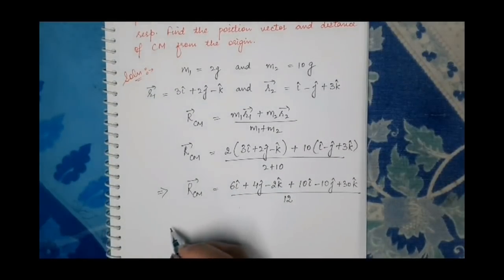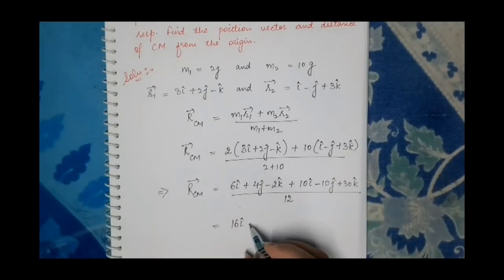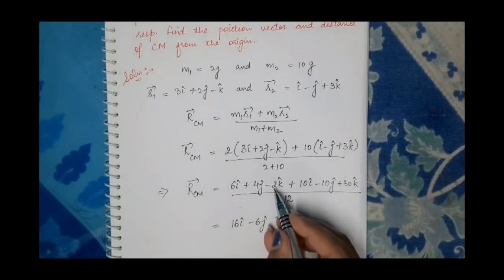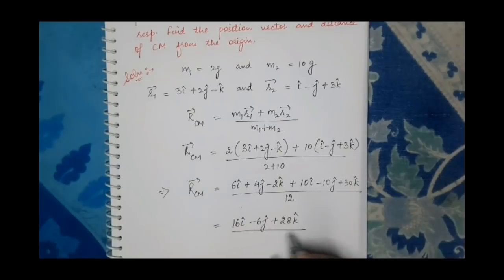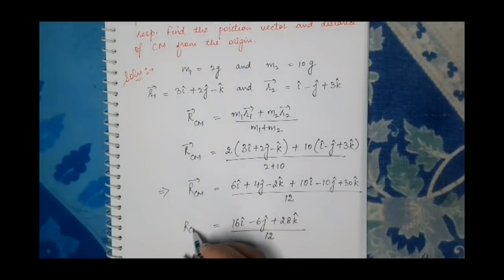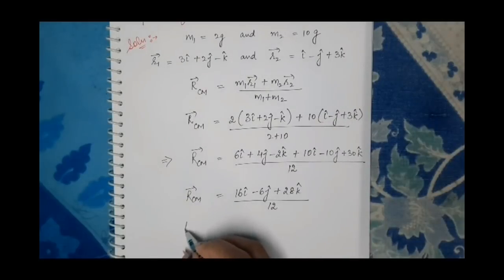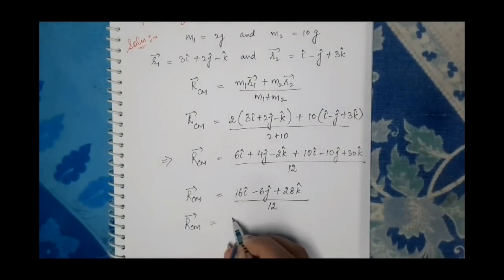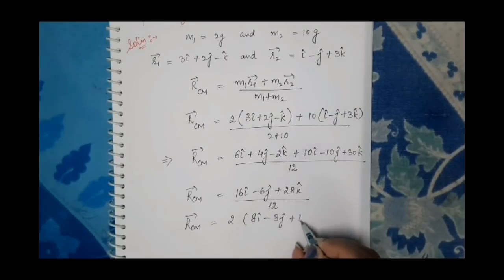So solve this. 6i plus 10i will be 16i cap. 4j minus 10j will be minus 6j cap. Minus 2 plus 30 will be plus 28k cap, divided by 12. So take 2 common from the numerator, and we will have 8i cap minus 3j cap plus 14k cap divided by 12.